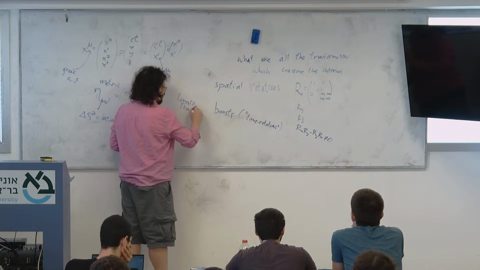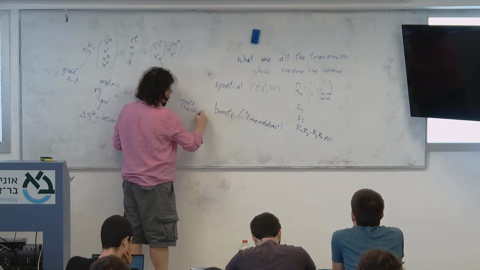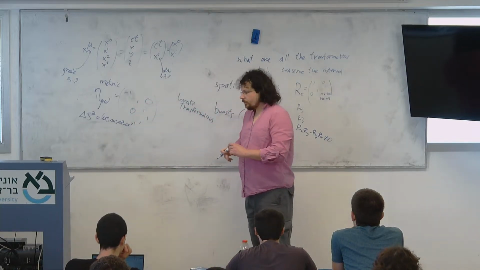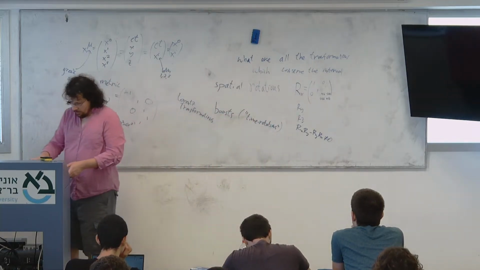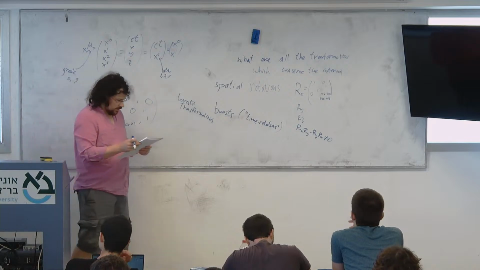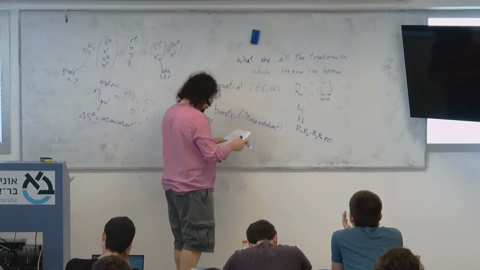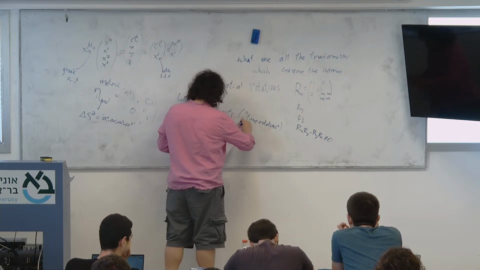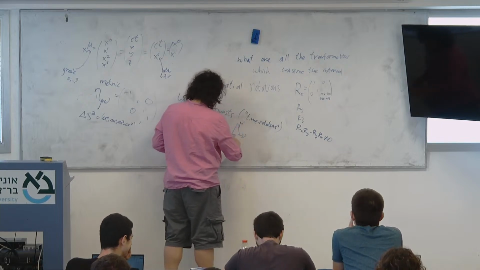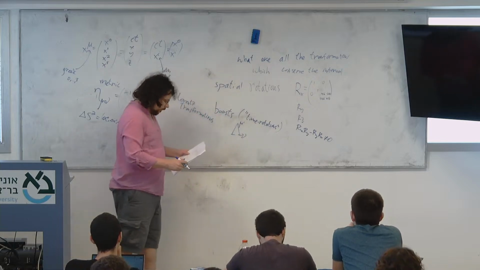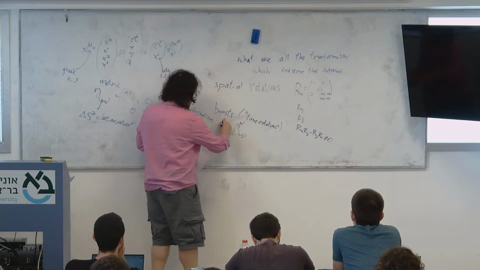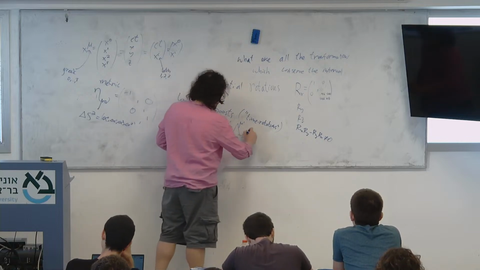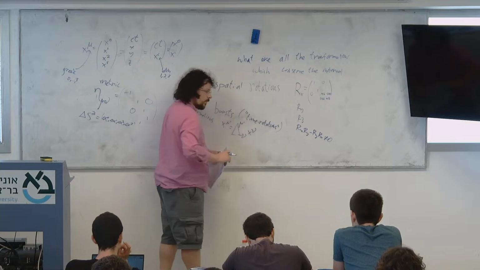It's really just the boosts. And those we usually mark with a lambda, lambda mu prime nu, that is x mu prime equals the transformation times x mu.